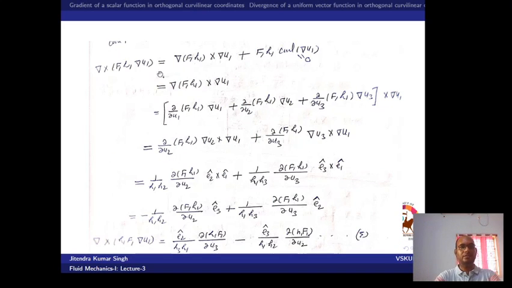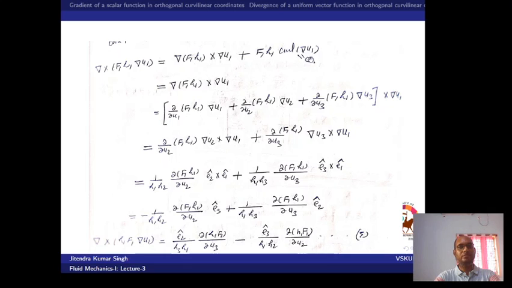Firstly, the curl of f1 h1 grad u1. Here f1 h1 is a scalar and grad u1 is a vector, so this is the product of a scalar f1 h1 with the vector grad u1. By the vector identities, we can write this as grad of f1 h1 cross grad u1 plus f1 h1 curl of grad u1.